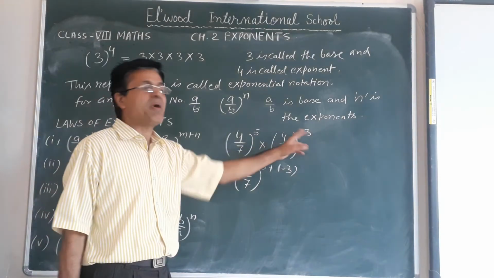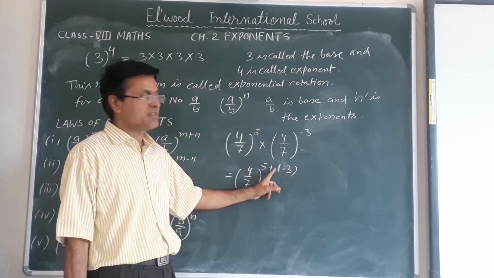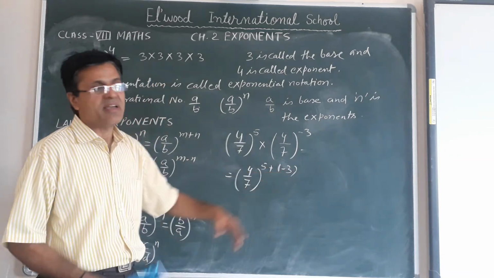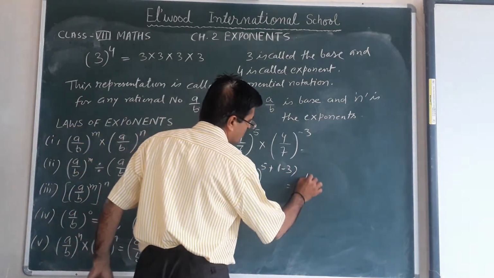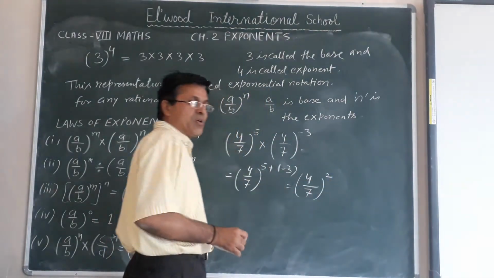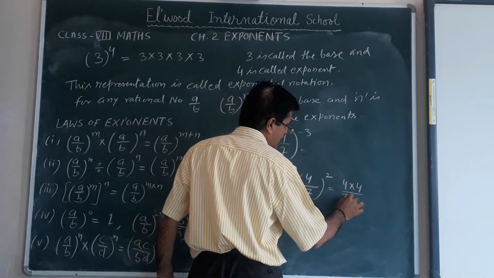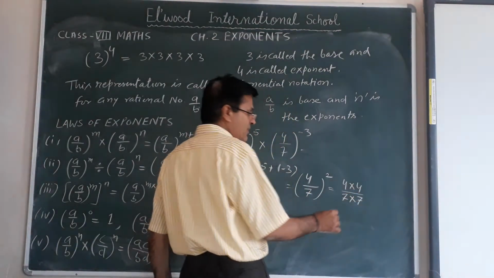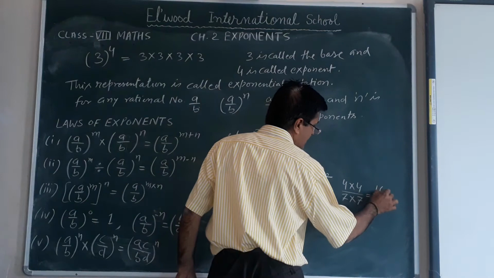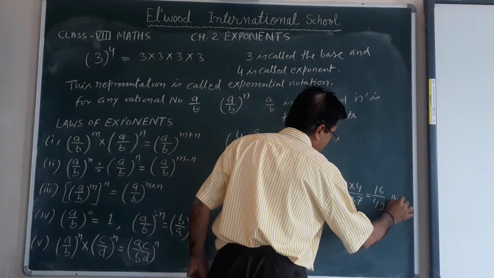So I have added powers, 5 plus minus 3. Now plus minus minus, it will become minus 3. 5 minus 3 will become 2. So (4 upon 7) raised to power 2. On simplification, I will write 4 into 4 divided by 7 into 7. So it will become 16 divided by 49. So this is the answer.